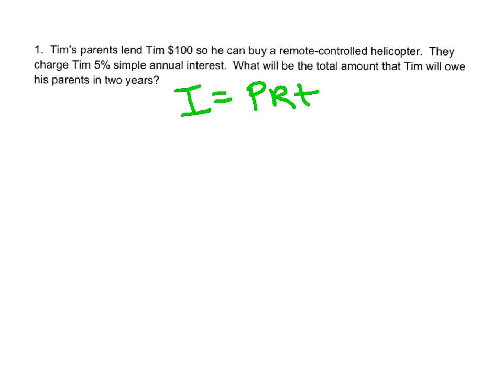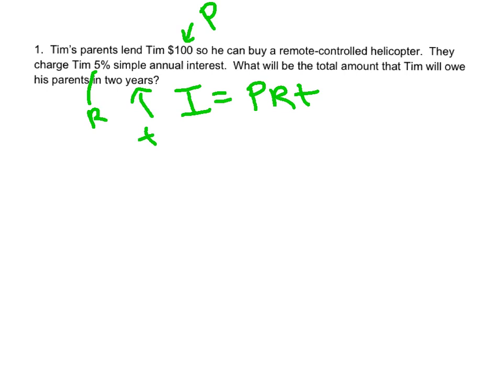So when he borrows that money, that $100, that's your principal. Okay, that's the original amount that's borrowed. Then that 5%, that's going to stand for your rate. Then it says that he will borrow that money for 2 years, and you want to know how much money he has to owe in 2 years. So this is time.